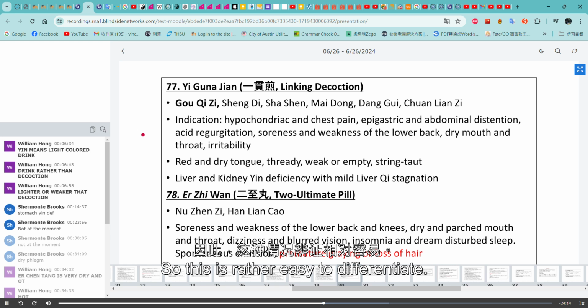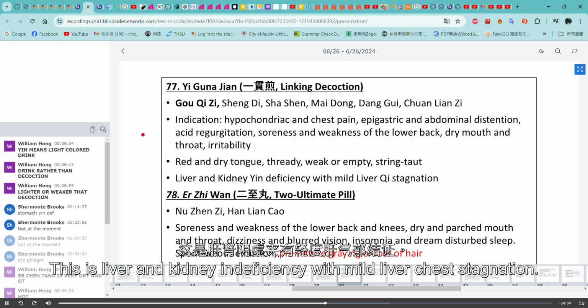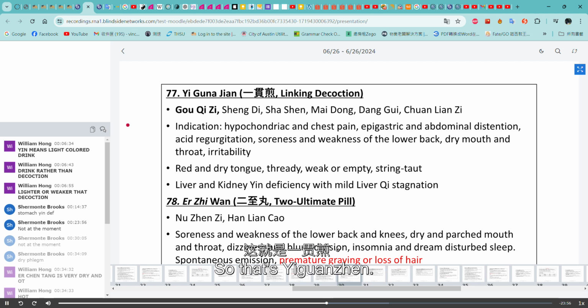So this is rather easy to differentiate. You find yin deficiency signs and symptoms and qi stagnation signs and symptoms together, then you can diagnose liver and kidney yin deficiency with mild liver qi stagnation. Okay, so that's 一贯煎.